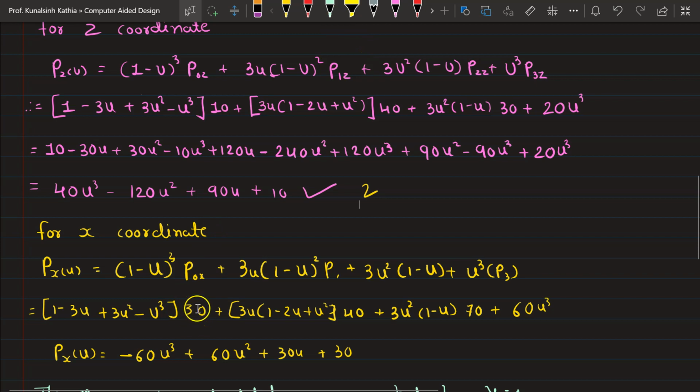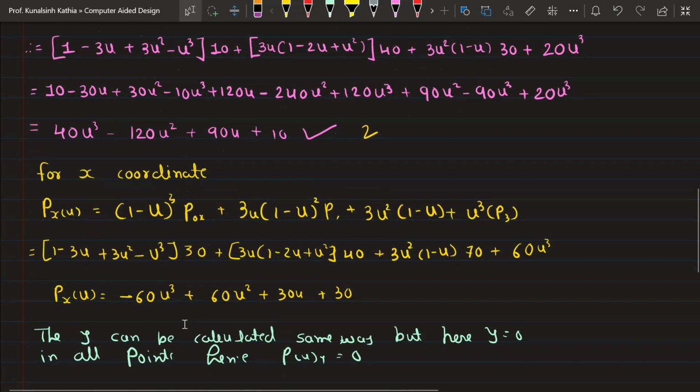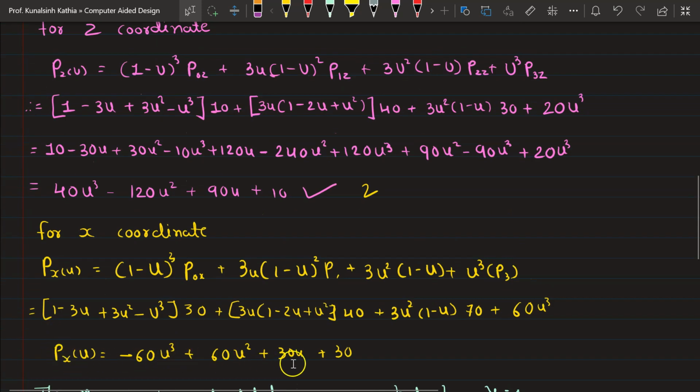These values are replaced, 30, 40, 70 and 60, right? So these all values are replaced here, and simplifying this equation I will get this answer, 60u cube, 60u square, 30u and plus 30. So this equation will be the equation for x for us, right?